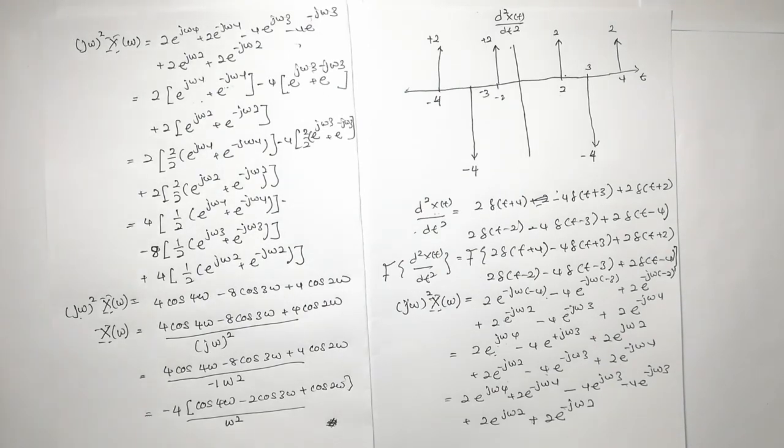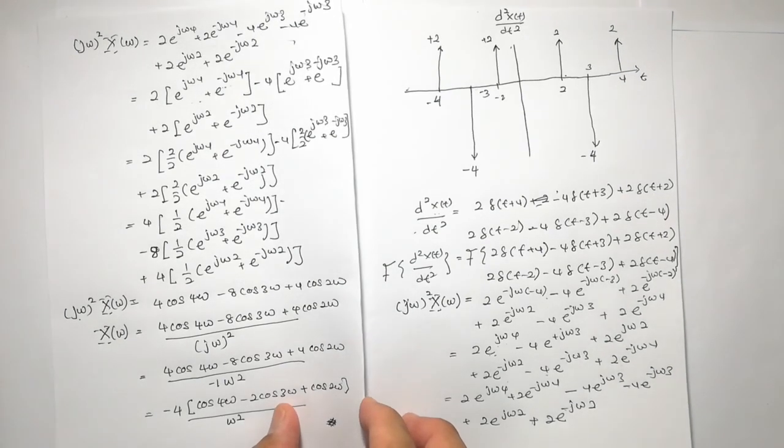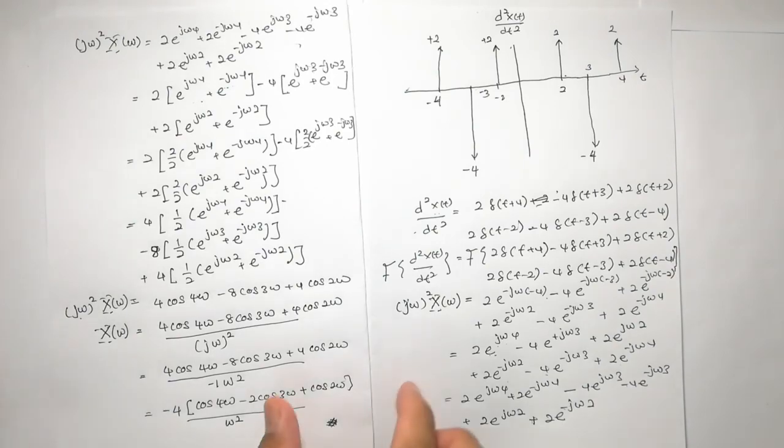Right? So hopefully you understand how to use the time differentiation property to find any signal's Fourier transform.